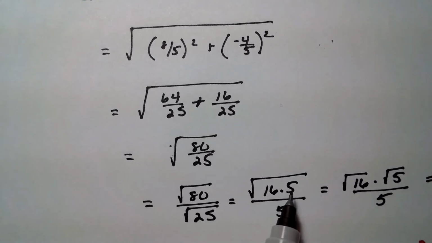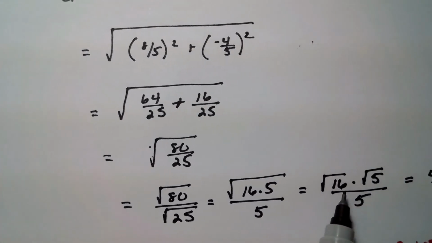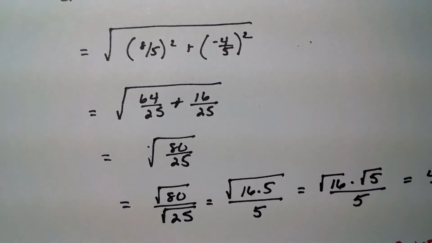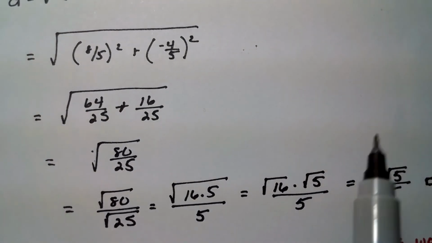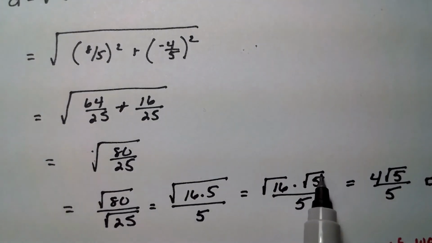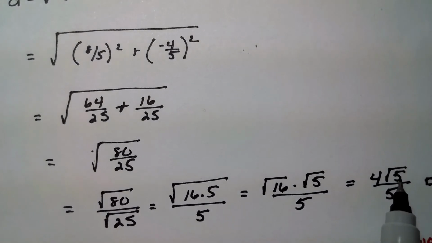Well, I know that 16 times 5 is equal to 80, and I know that the square root of 16 is 4, so I'm going to use that product. If I can write a product underneath the radical, then that means I can write those factors in their own radicals in the numerator. The square root of 16, let me move this over. Square root of 16 is 4. The square root of 5 stays under the radical because it's prime, over 5.